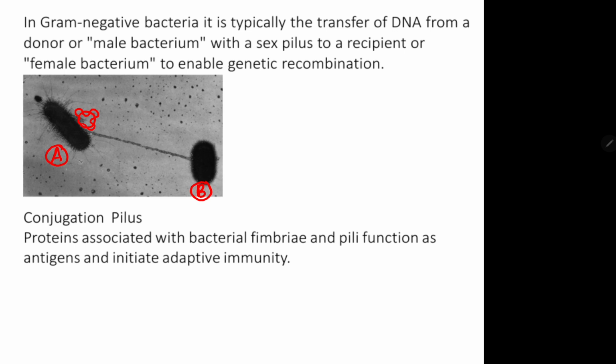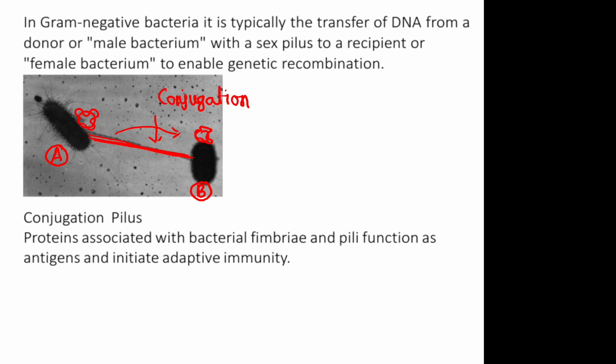So it will attach with the F pili, and they will form a tube-like structure. This tube-like structure is called the conjugation tube. Via this conjugation tube, they will replicate their genetic material and transfer one copy to the other bacteria. Gram-negative bacteria typically transfer DNA from the donor to another bacteria via sex pili, or that long kind of pili.